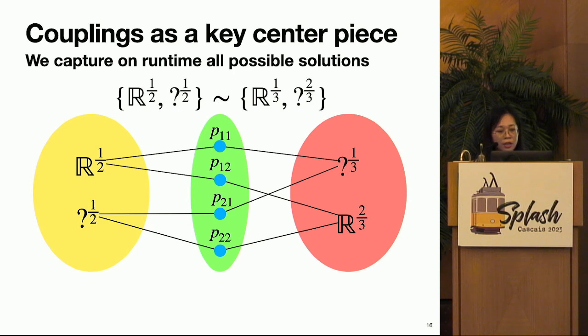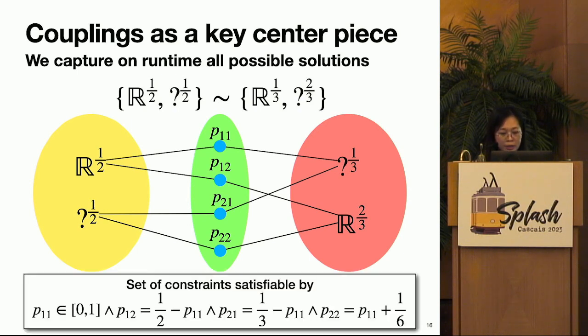For instance, here, for consistency, you have two types: a real with 1/2 and an unknown with 1/2. On the right, you have unknown with 1/3 and a real with 2/3. You have many possibilities. You can connect the first with the second one, the first with the first one, and so on. If you write the set of constraints, it's going to look something like this.